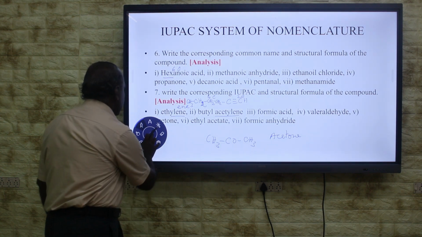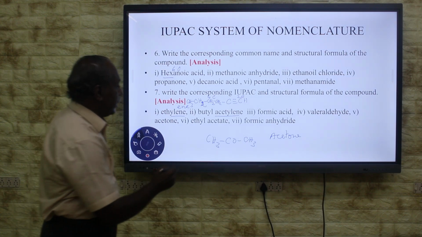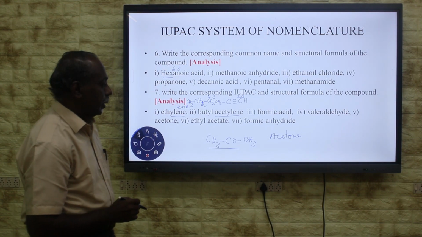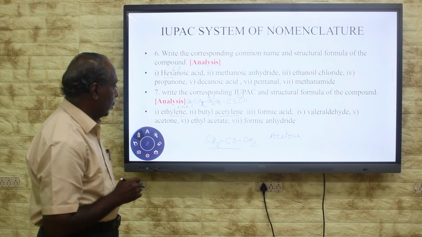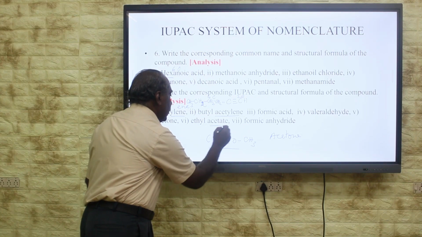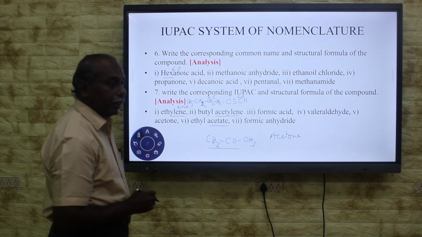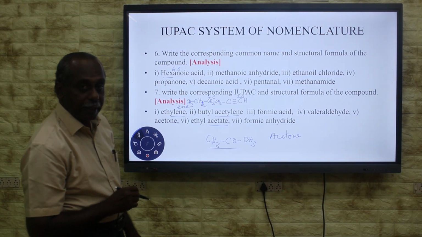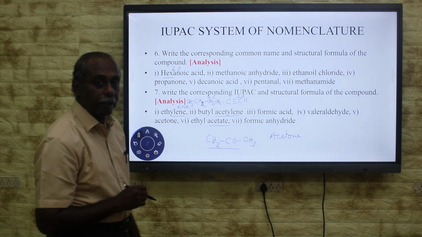Then acetone, a 3 carbon compound, is propanone; 'one' is to be added. And ethyl acetate: acetic acid, it is the ester of acetic acid. A 2 carbon carboxylic acid is ethanoic acid, so ethyl ethanoate.